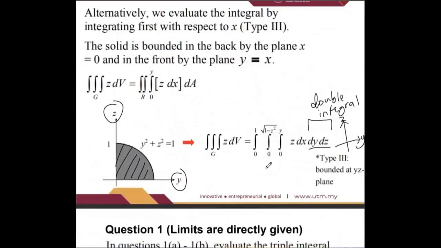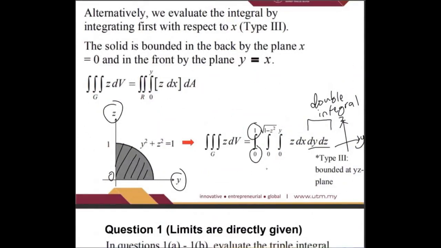So what is the limit for z? 0 to 1. And then how about dy? This is y equal to 0 until y equal to what? Positive y. So square root 1 minus z squared. So you see 0 to square root 1 minus z squared. And then how about dx? Okay, so we go back to 3D.